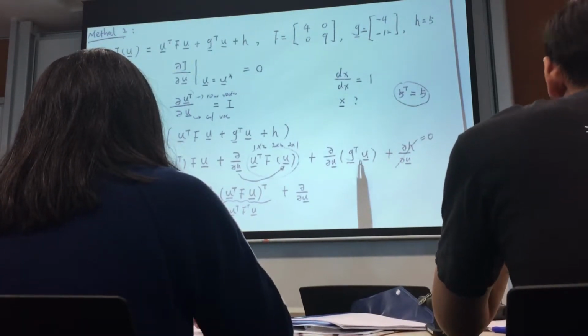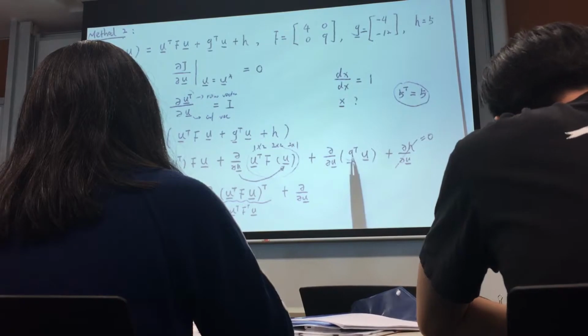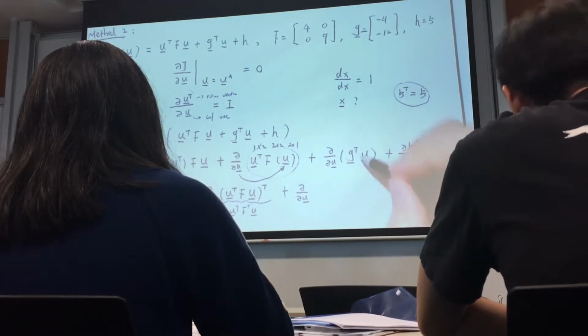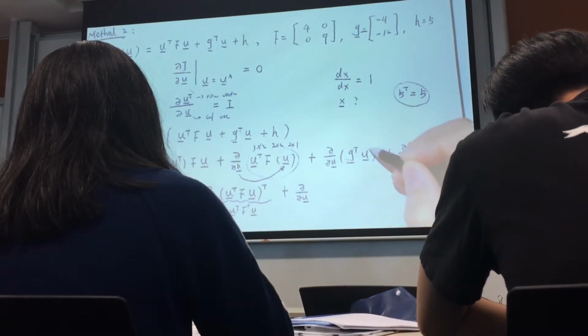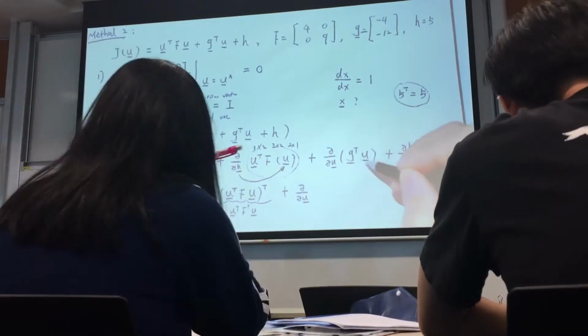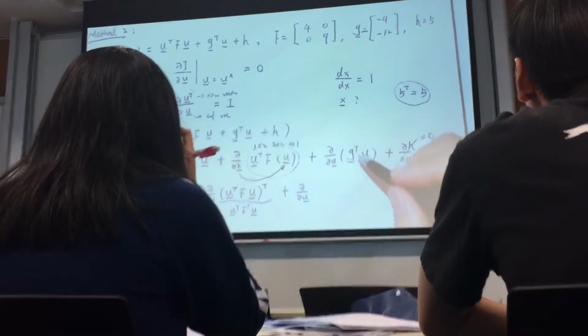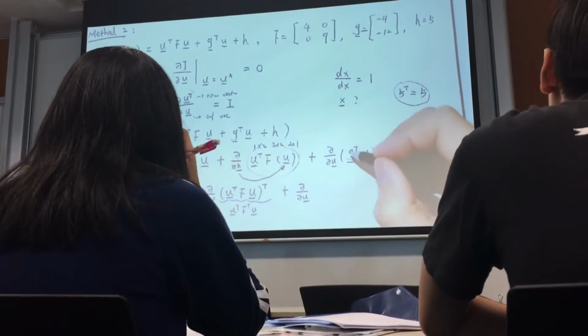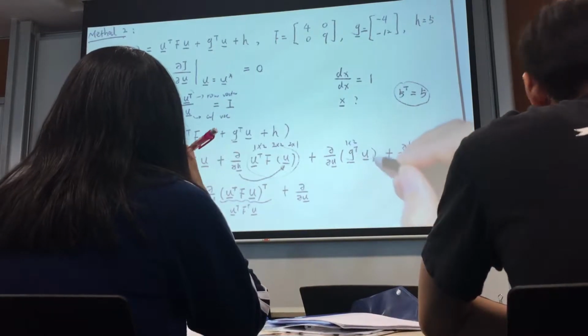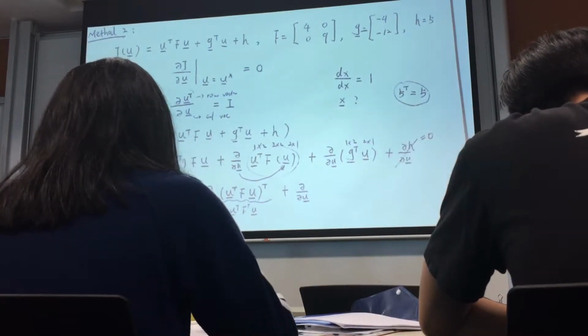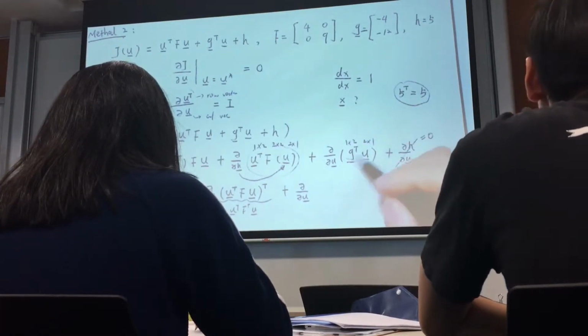Similarly, we can apply the same trick here because this one is also a scalar: g transpose is 1 by 2 and u is 2 by 1, so it is a scalar.